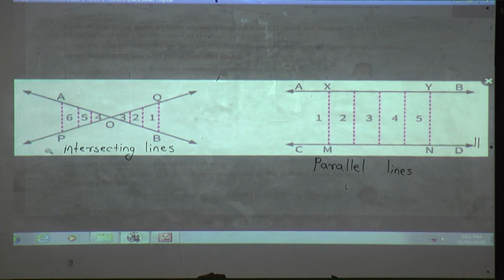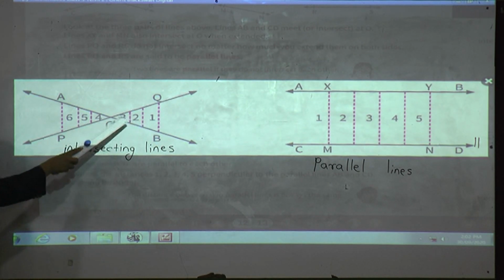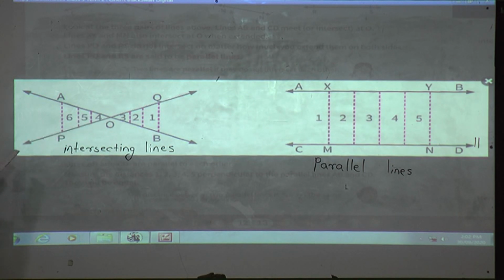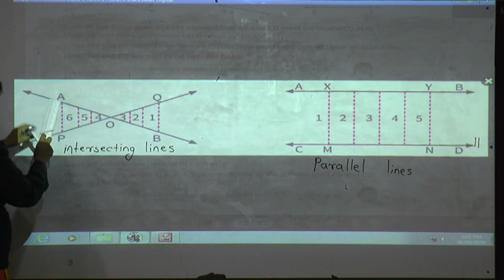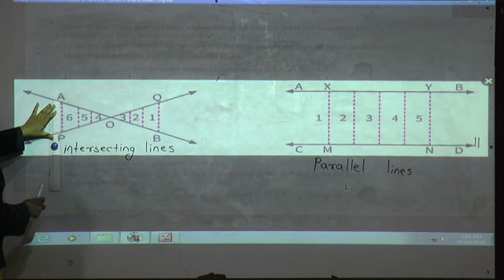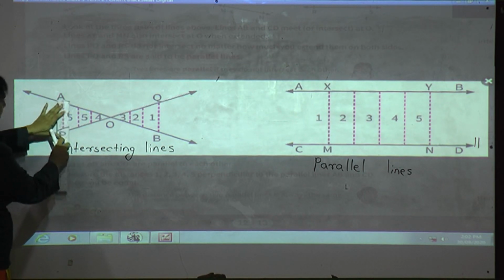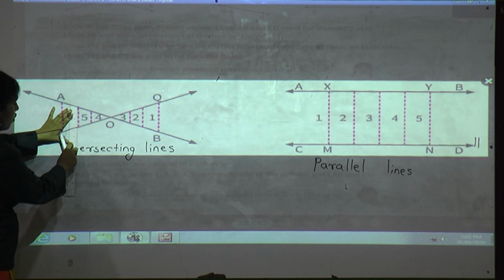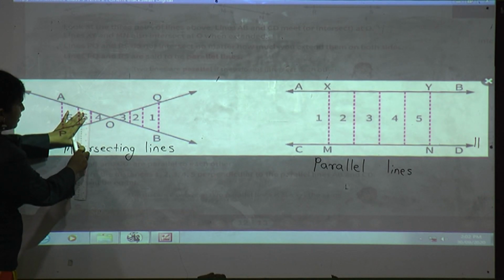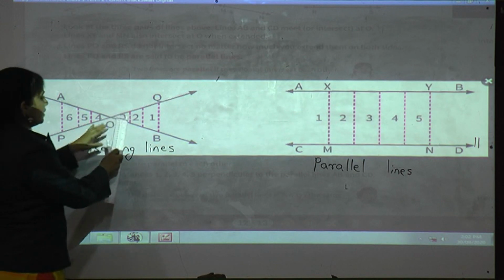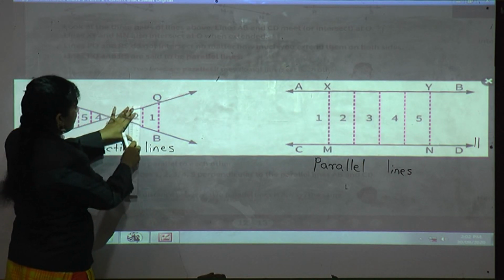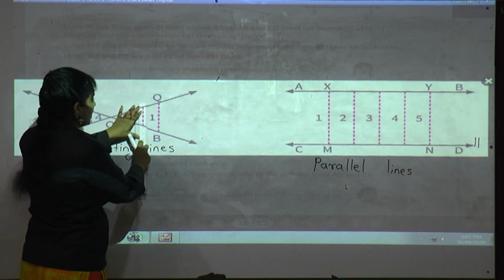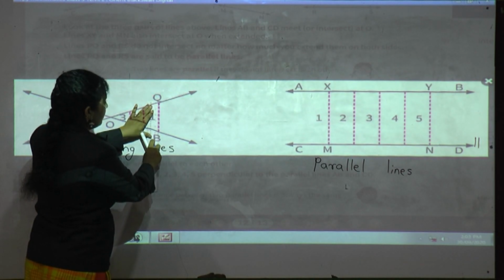So students, just measure the distance between these lines. See, here they have given the numbers 1, 2, 3, 4, 5, 6. Here it is 5, here it is 4 centimeter, here 2 centimeter. Again it is different, here 2 centimeter, 3, and here 5.